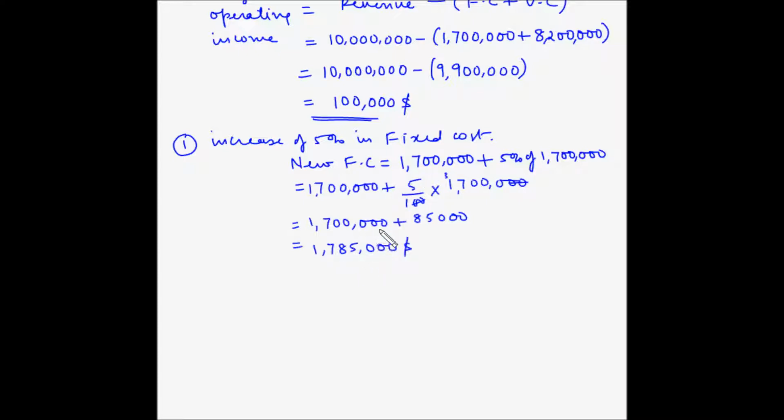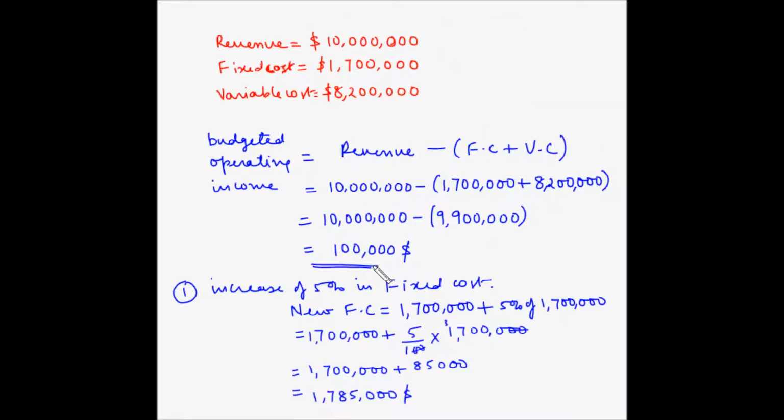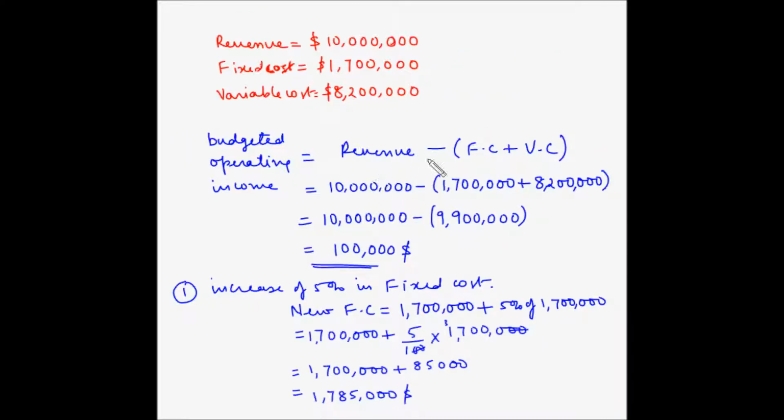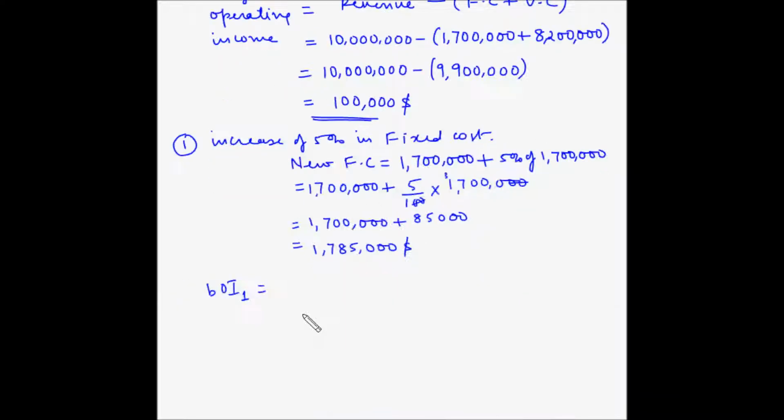So now with this increase, what is the impact on the budgeted operating income? So now the budgeted operating income 1 will be equal to, so revenue minus fixed cost plus variable cost.